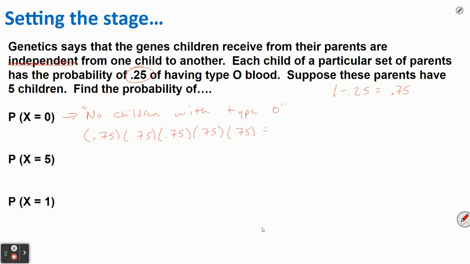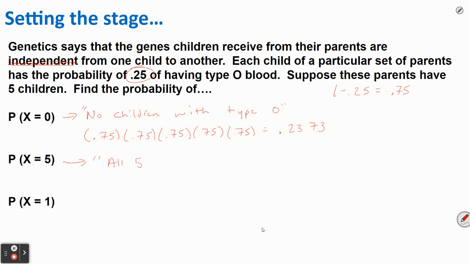And if I type that in on the calculator, what we end up getting is a probability of 23.73% of this happening.